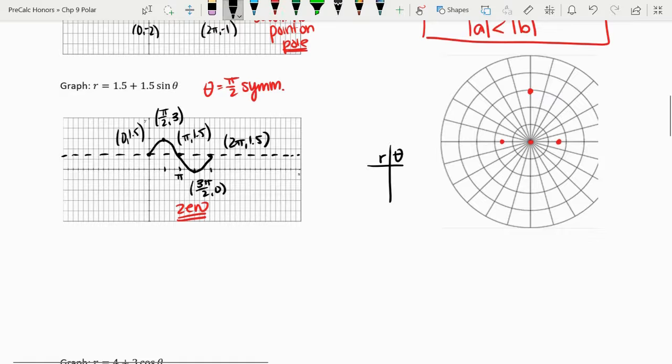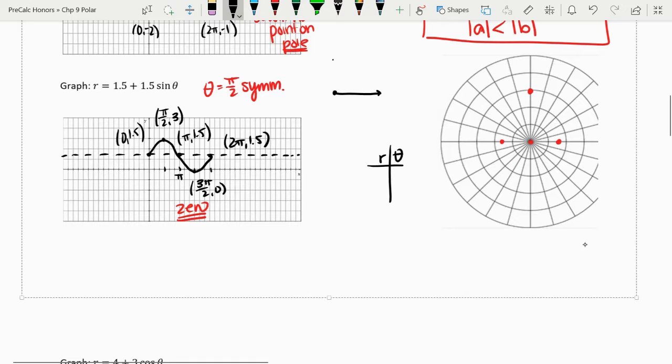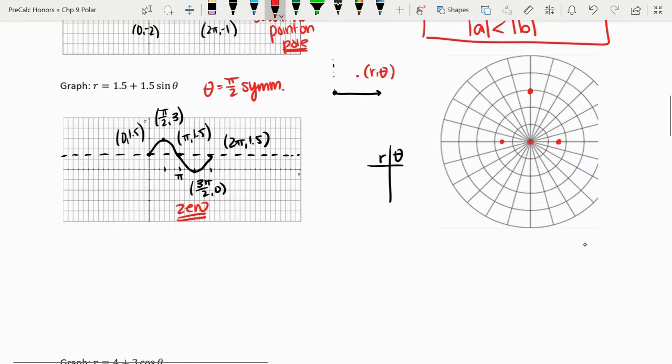But if you check for pi over 2 symmetry for this one, pi over 2 symmetry is like the y-axis up here. It would be checking a point that's across. So a point we could check would be negative r, negative theta.